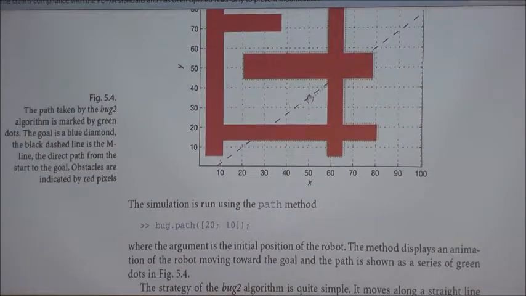That's your goal right here. And your initial value could be right here or here, doesn't matter. In fact, here you have a path from 20 and 10. 20 and 10 is right here. So this is your initial point. You want to go there.